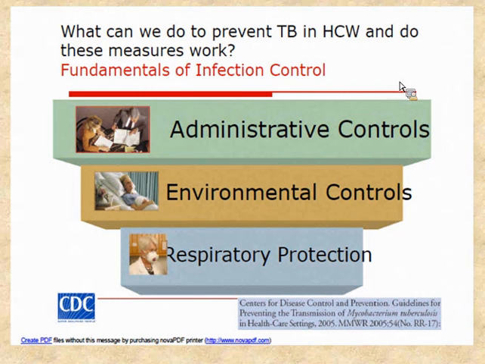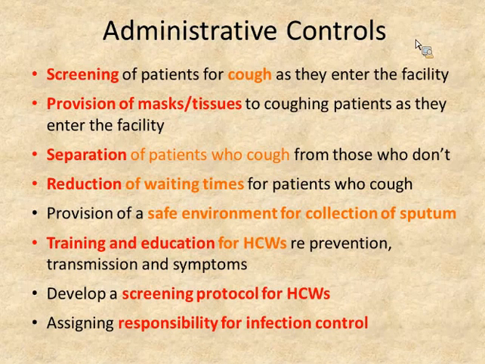They start with administrative controls, whereas in occupational health, we always start with engineering controls. But the control at the source for infectious disease is our administrative controls, as you'll see, then the environmental controls, then personal protective equipment.